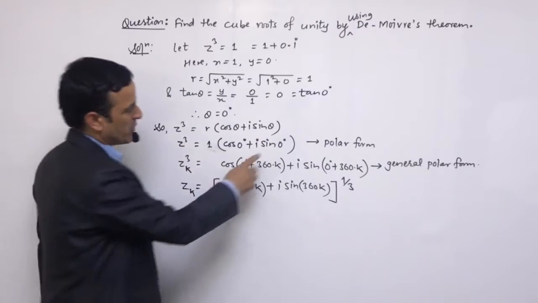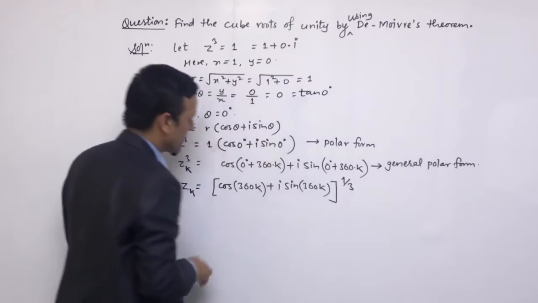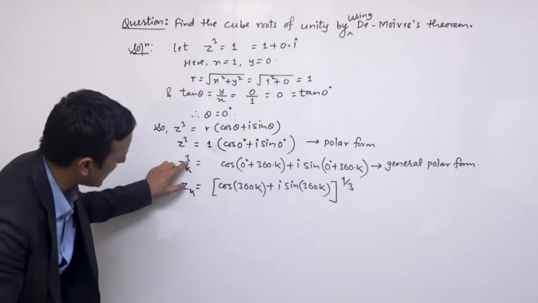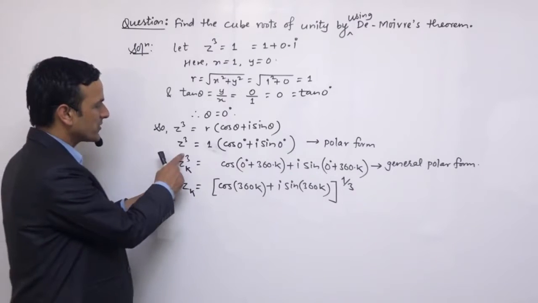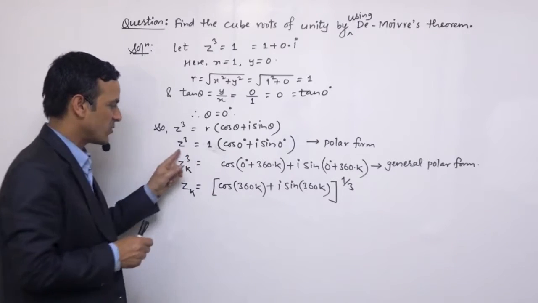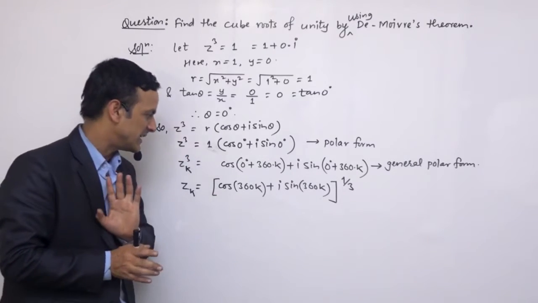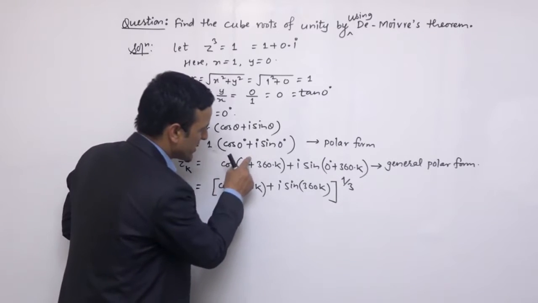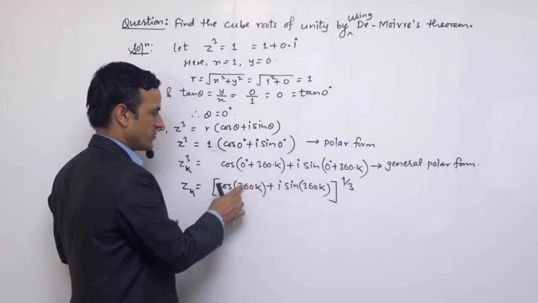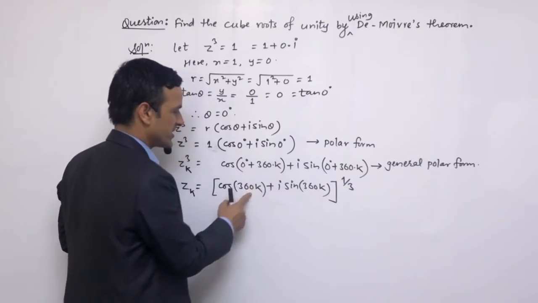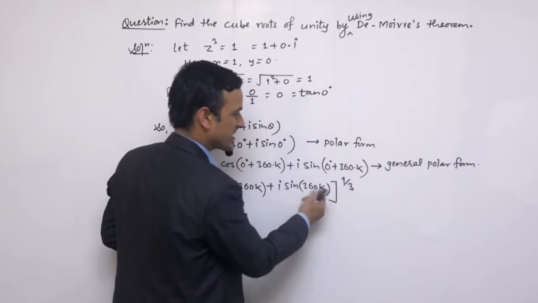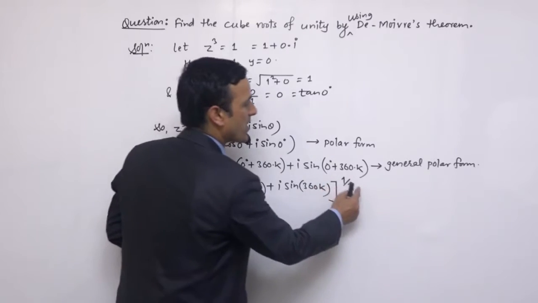Since this is the general polar form, to remove this 3 we raise it to the power 1/3. When we multiply 3 by 1/3, we can cancel 3 and 3. Then 0 degree is not necessary to write over here. 0 plus this means 360k, and removing the 3 on this side gives 1/3.